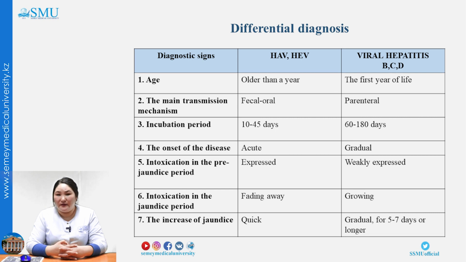In HAV and HEV infection, it's fecal-oral. For B, C, D infection it is the parenteral route, with any blood history. There is acute onset of disease in HAV and HEV infection, and the viral hepatitis B, C, D can start gradually, and they have chronic forms, with chronization and the appearance of jaundice. The general condition of the baby will be worsened in B, C, D and E hepatitis. Only in A hepatitis, with the appearance of jaundice, the baby feels better.